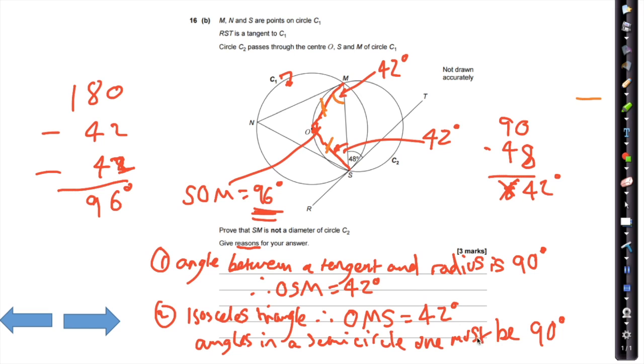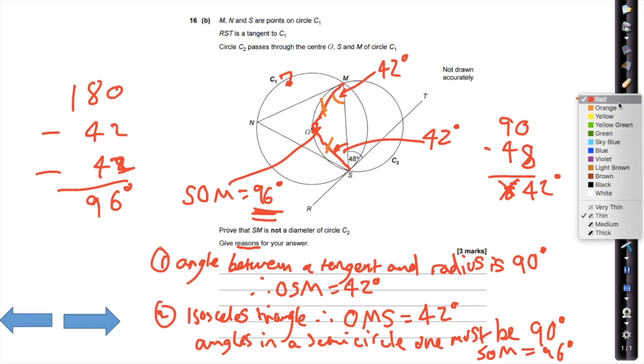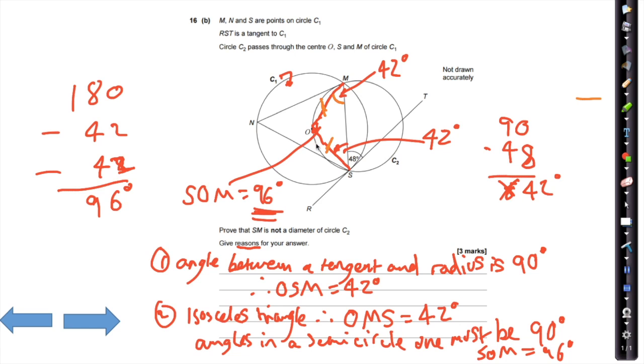But SOM is 96 degrees, with 42 degrees here and 42 degrees here, so it is not going to be a diameter. So S to M is not a diameter, okay? Because if this was a diameter, then this angle created, as it's inside a semicircle, would have been 90 degrees. It is not. We've shown that it must be 96 degrees, so therefore SM is not a diameter.